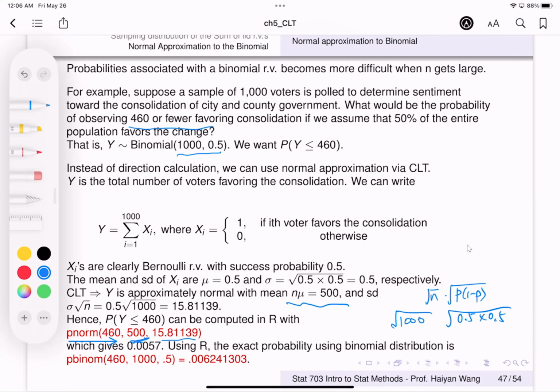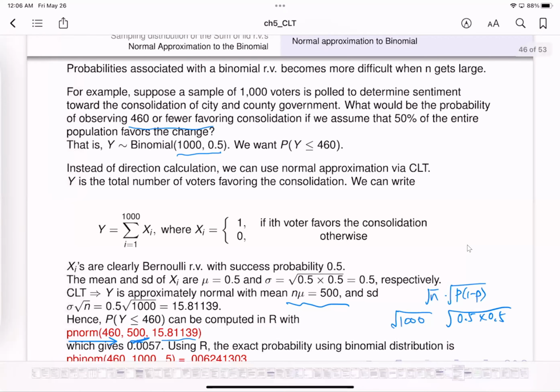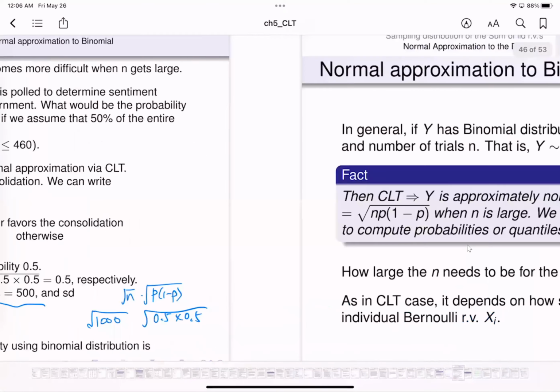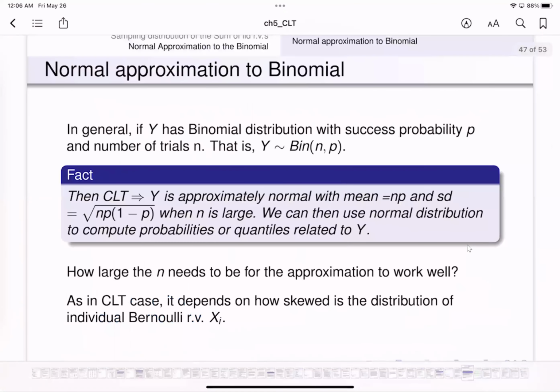If we had done it with the binomial, the exact probability would be 0.00624. They still have a tiny little bit of difference, but I think it's close enough for us to make a judgment of whether this is rare or not. So the normal approximation to the binomial simply says that if we have a binomial random variable, like you have a fixed number of trials, and out of those, how many of them are successes, then that's a binomial random variable.